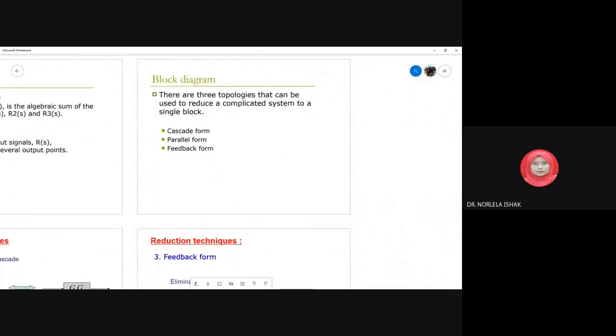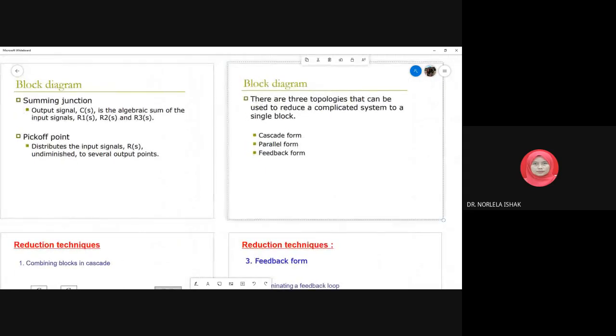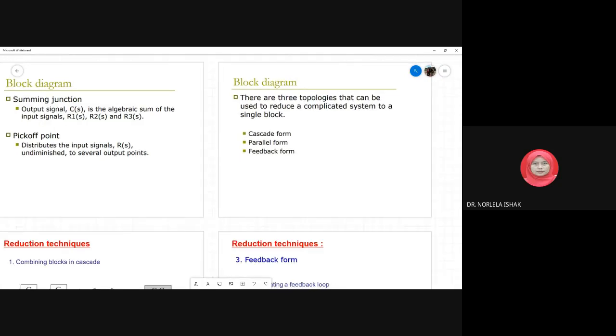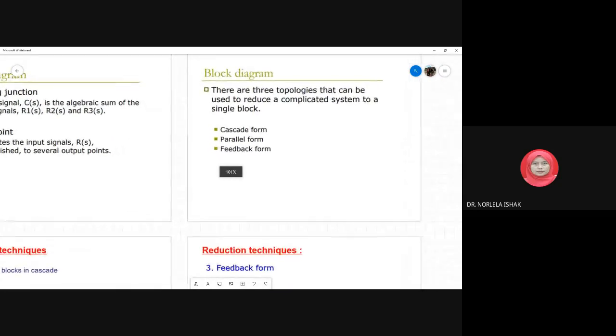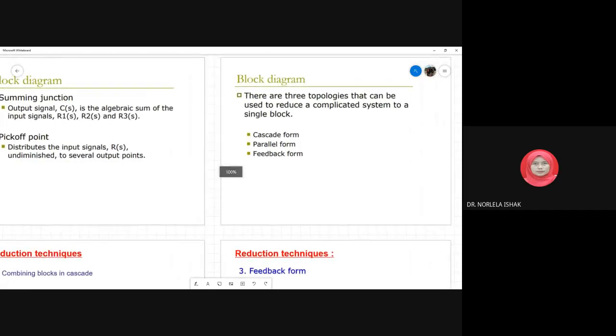Okay, we have three topologies that we can use to solve a complex block diagram into a single block.